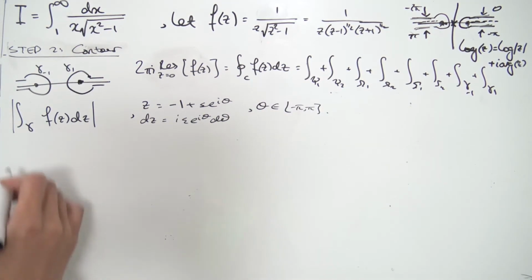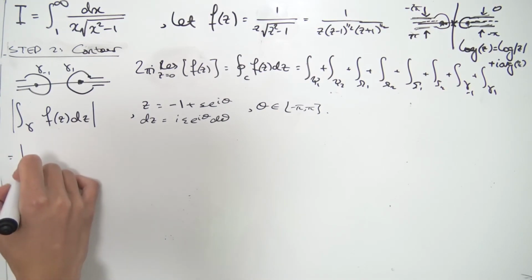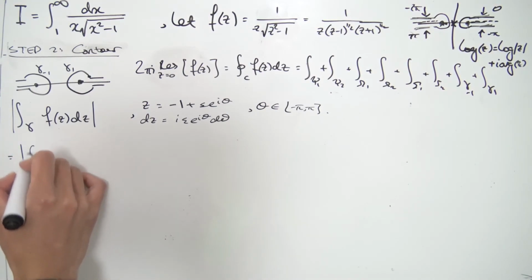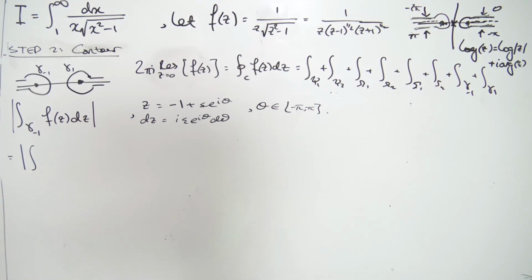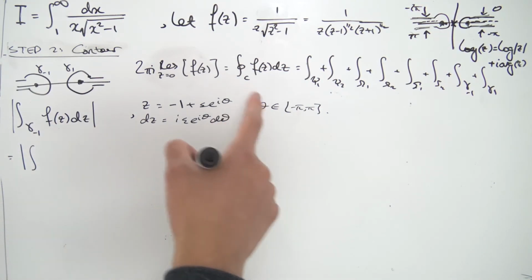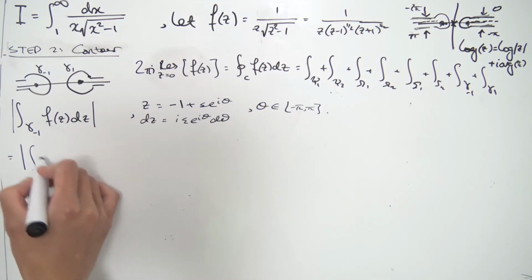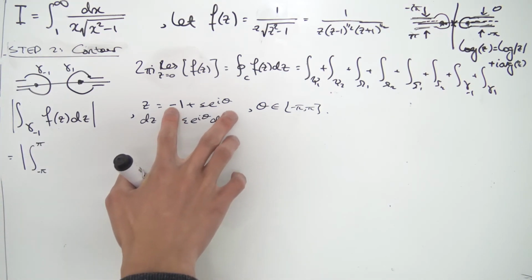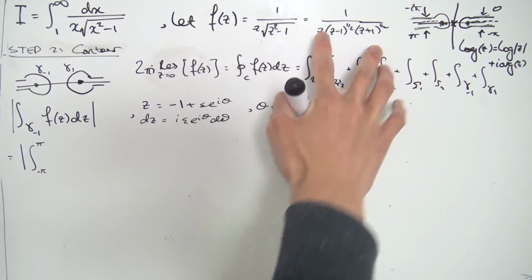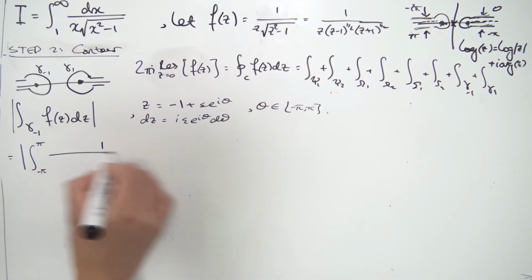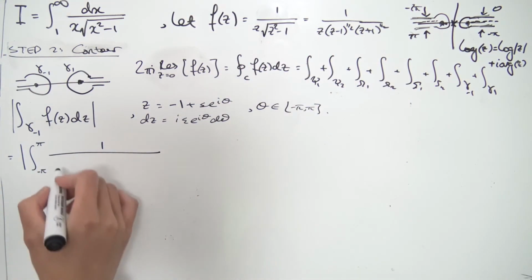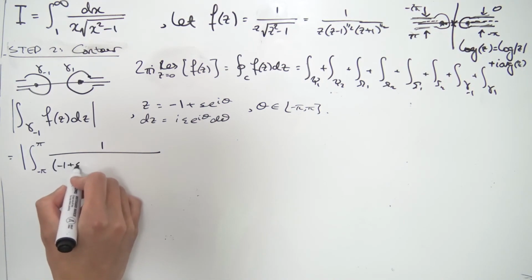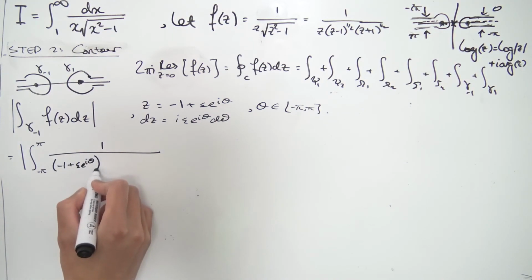Okay, so substituting this in now, we have the absolute value of the integral over gamma minus 1, integral from minus pi to pi, of f of z, but instead of z, we're going to plug this guy in. So let's use this form of the function again. So we have 1 over z, which is minus 1 plus epsilon e to the i theta.